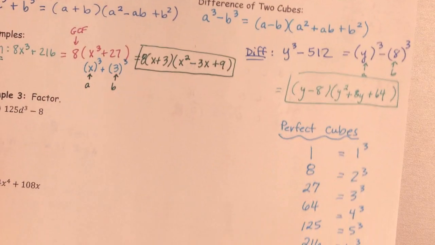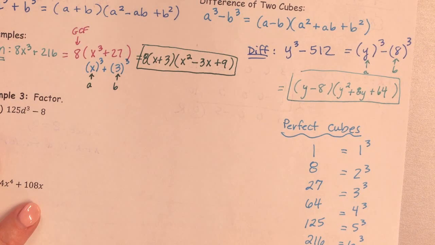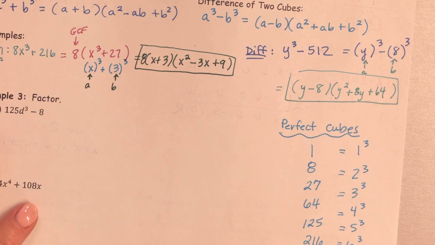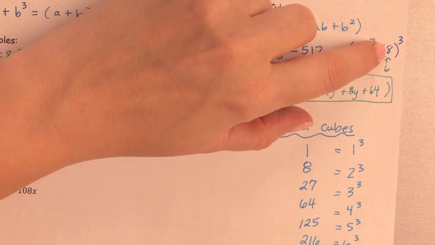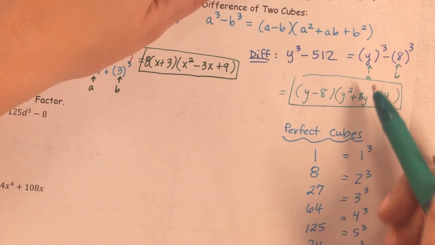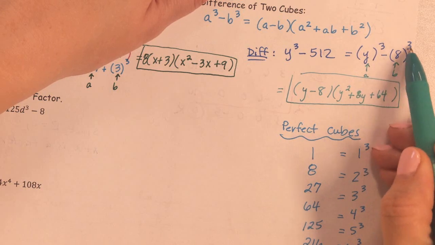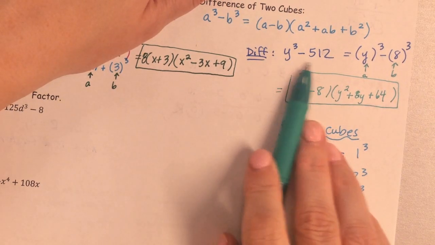Yeah, Ava? In between the y cubed and the 8 cubed, there's a negative. If a number is cubed, wouldn't that mean that it would come out as a negative? So the minus is on the outside. The way that we're rewriting this, it would be minus 8 to the third, so it would be minus the 512.